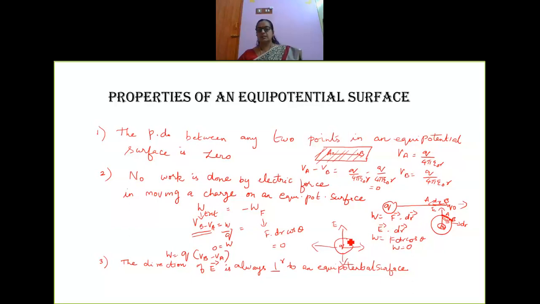Now, when I consider 2 points A and B, the distance of separation between them is dr. So, what is the angle between E and dr? It is nothing but 90 degrees. If the electric field is not perpendicular, then we need to do some work to move a charge between these 2 points on the same surface, which is not possible. So, we can say that the direction of electric field is always perpendicular to an equipotential surface.